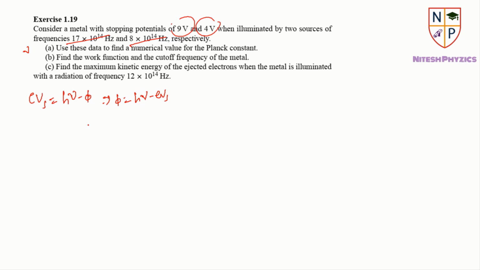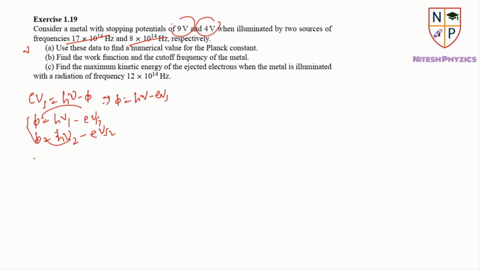Okay, so for the first frequency we can write phi is equal to h nu 1 minus eV_S1, and for the other, in both cases the work function will be the same, which cannot be changed for the same metal, h nu 2 minus eV_S2. Now we can equate, since phi is equal to this and phi is equal to this.